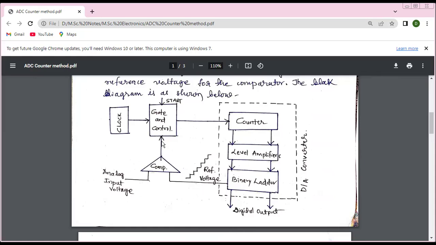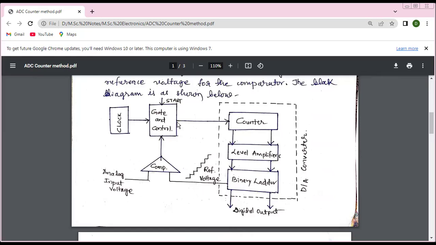And now what happens? The control circuit senses that no voltage is coming from the comparator, and immediately it closes the gate.